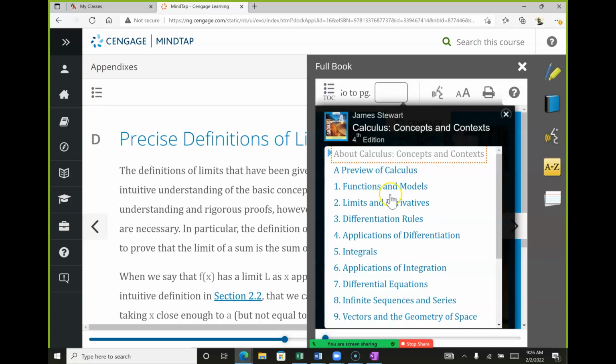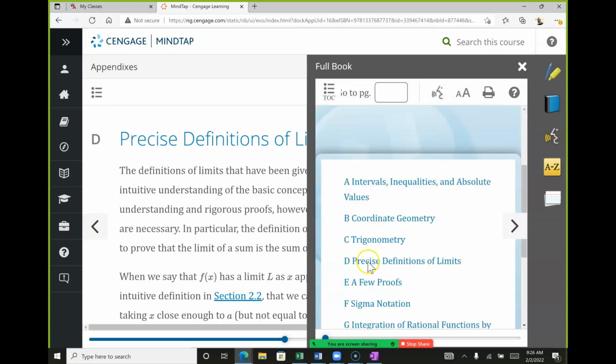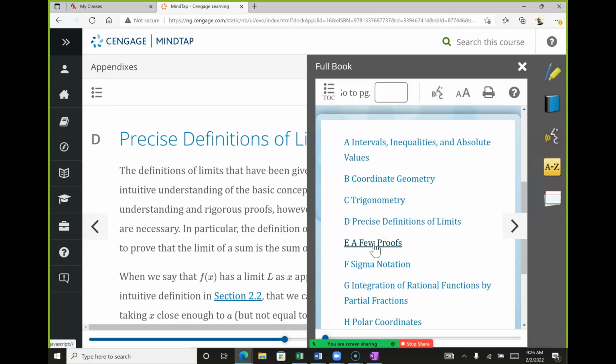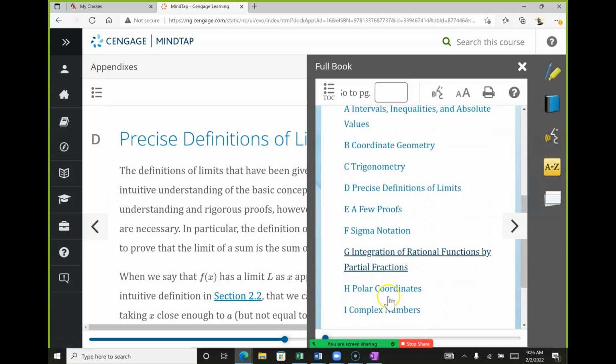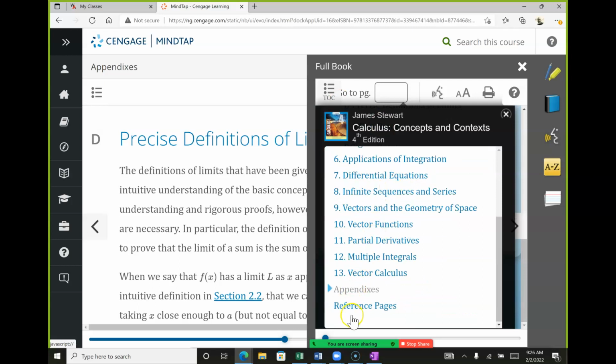Let me see if I can open the table of contents here. There we go. It might be reference pages. Let me see what appendices say. There's some proofs. Here's a whole bunch of reviews of things. There's the epsilon delta if you want to read that. Here's a nice review of trig. So it's not in the table of contents, and it's not in the appendices. It's in the reference pages.